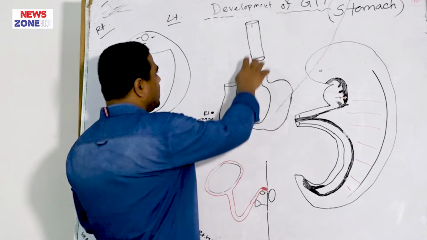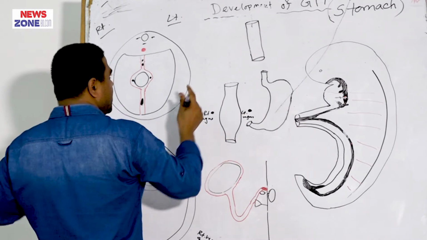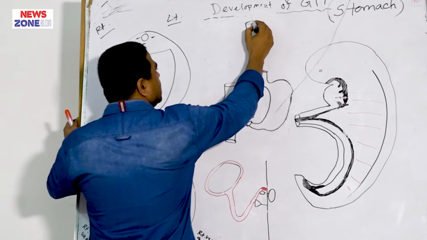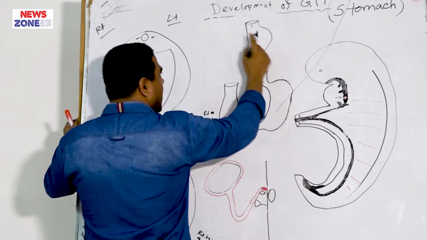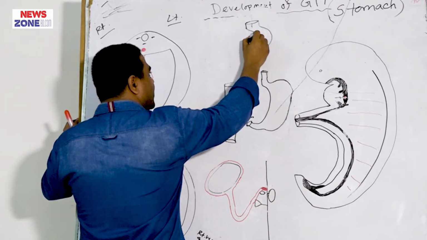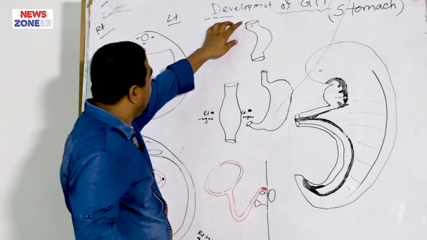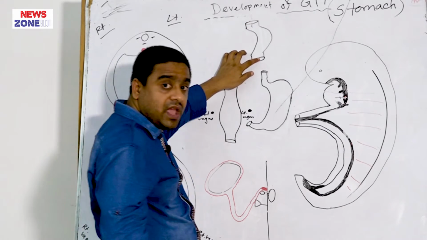When it rotates 90 degrees clockwise, it changes its shape like that. So here the stomach has two ends, the cardiac end and the pyloric end.